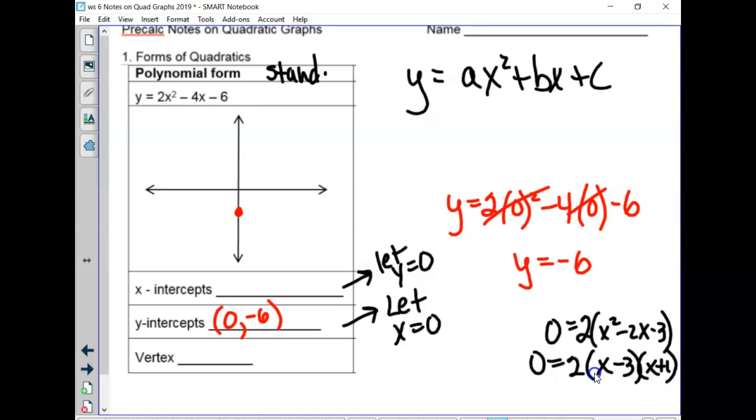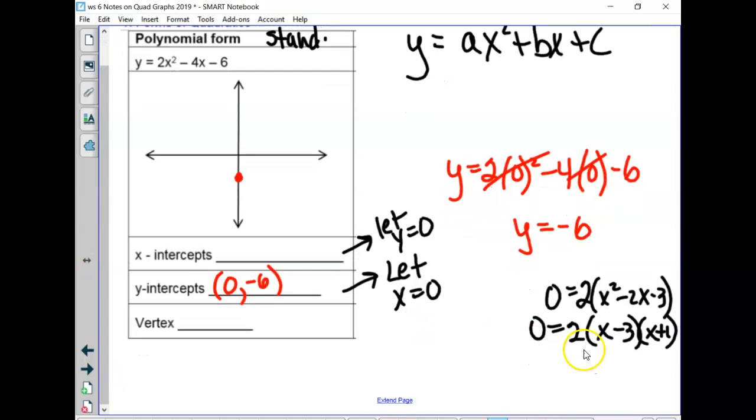Negative 3x plus 1x in the middle would give us negative 2x, and a negative 3 times 1 is negative 3. Some of you need to practice factoring, even if it's 5 problems every night, but you've got to get better at factoring, and you can't be using some goofy trick system, okay?